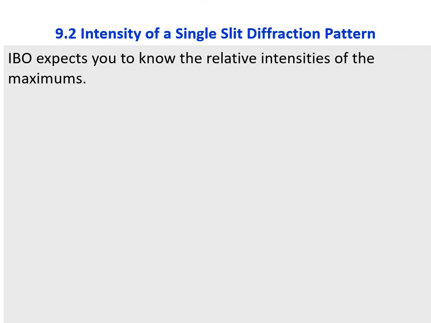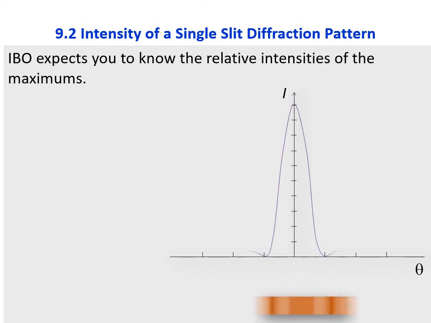So IB expects you to know the relative intensities of these maxima. So here's a plot of intensity versus the angle. What you see on the screen is the intensity or the diffraction pattern that would be spread across. You would have maximum intensity in the middle, followed by places of darkness and then brightness.